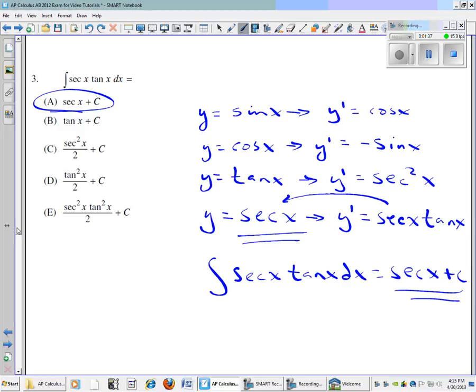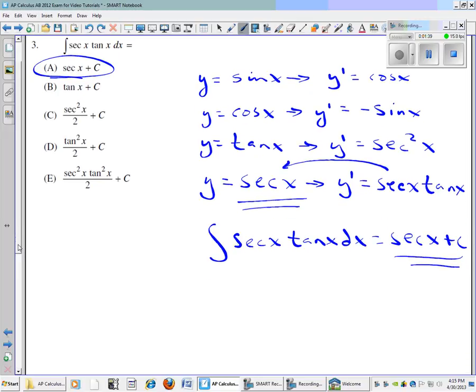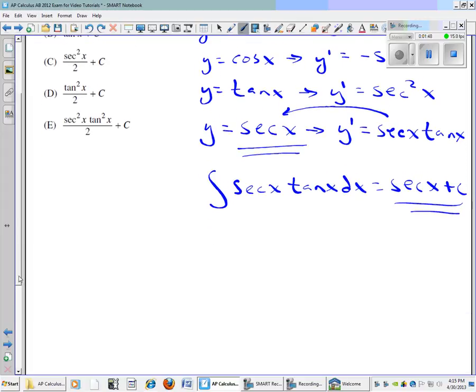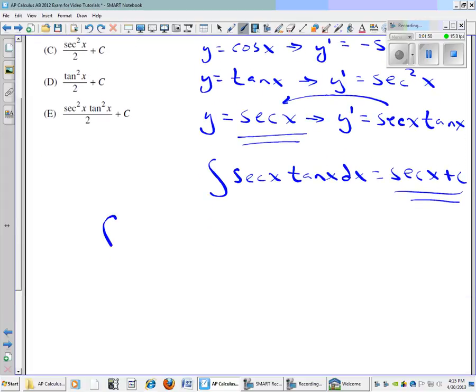Another approach is to let one of these terms, the secant of x or tangent of x, or some term equal a u value and use u substitution. So we can do that as well. So let's look at, we have the integral of the secant of x tangent of x dx.